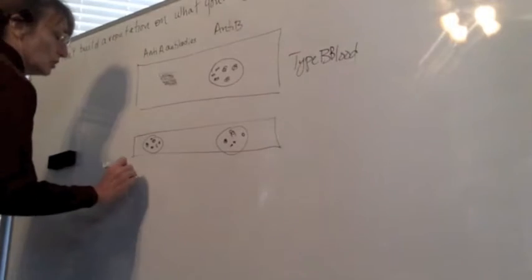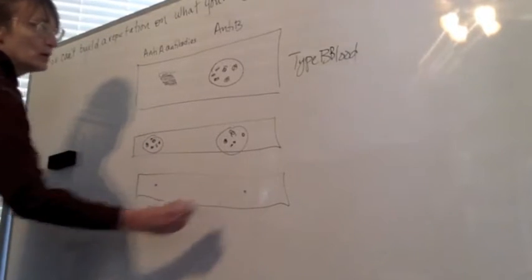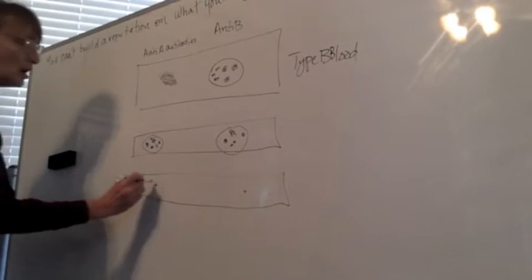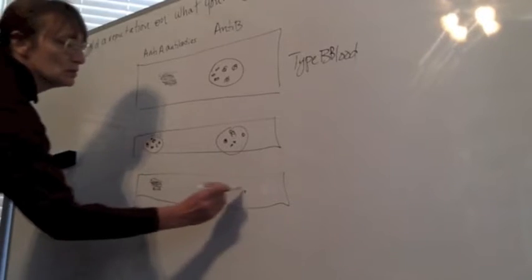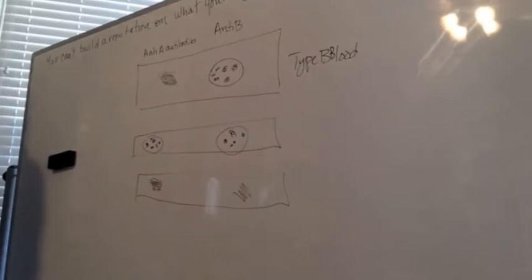Okay. So if we do this, drop of blood, put both of them on, and they do this. What is it? Type O. Okay. Everybody see that? Okay, so when you get asked a question about that on a test, you're going to get it right. All right. Very good.